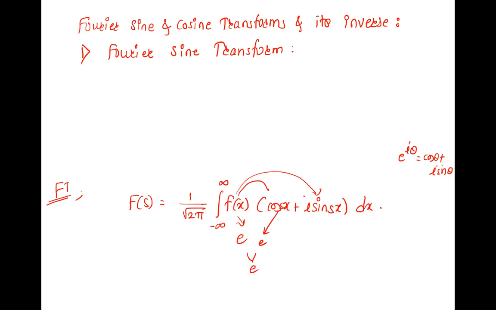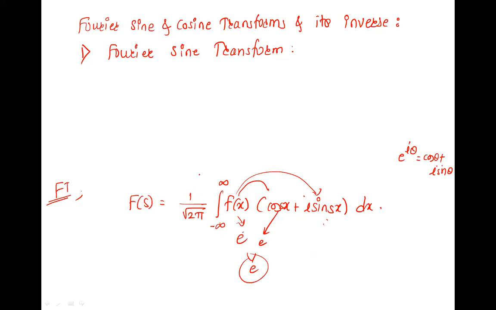And if the function is odd, and sine is an odd function, even into odd will be odd, and the integration of that sine part will be 0. So only f of x into cos sx dx remains, and minus infinity to infinity for the even function becomes 2 times 0 to infinity.